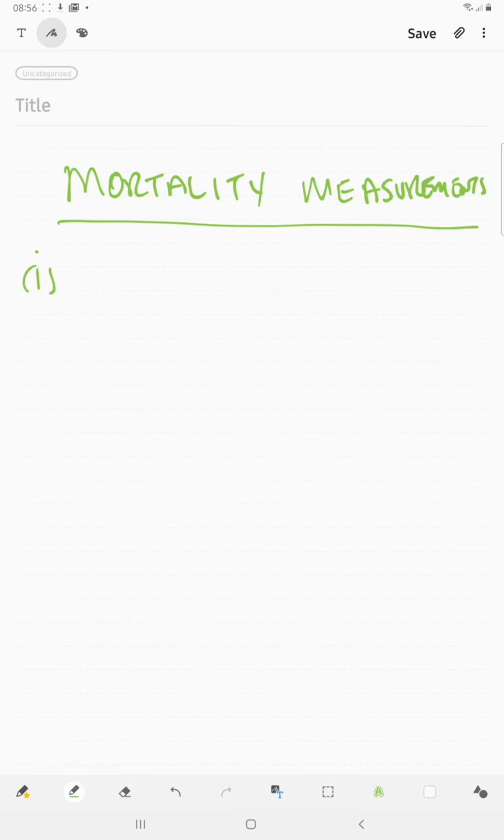This means that people are dying and are subjected to issues related to death. We normally have different measures that can measure mortality.